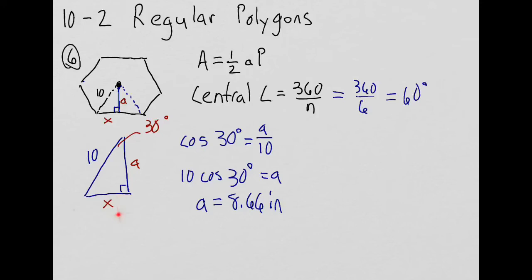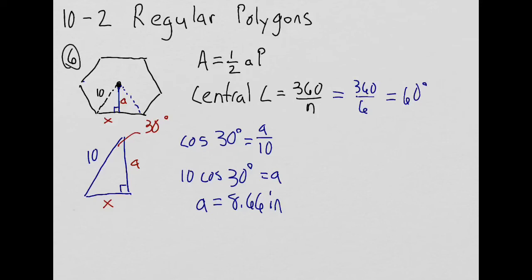Now you need to find one of the sides, right? So you've got to find x now, because we need the perimeter as well. Same exact process for that. We're just going to use trig, except now we're working with the opposite and the hypotenuse. You could in theory use this side, but I always like using givens, so if I make a mistake on one, I don't propagate that throughout the entire problem.